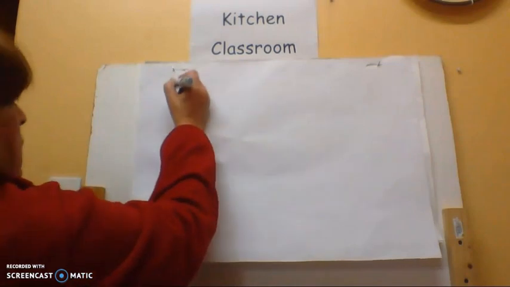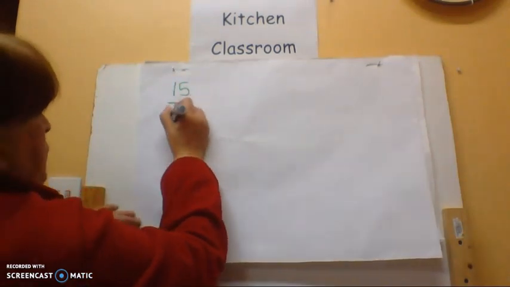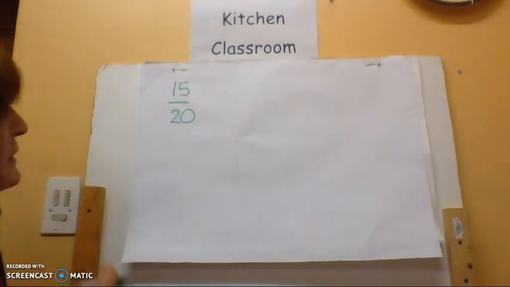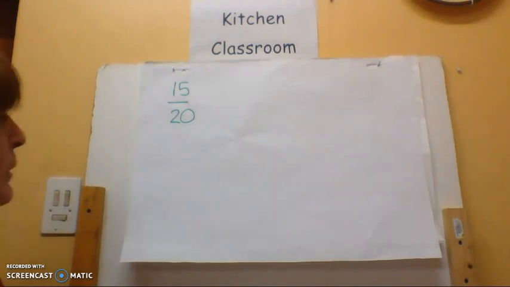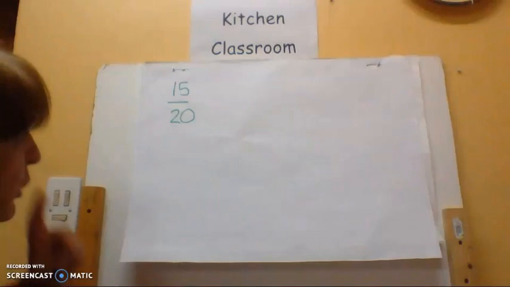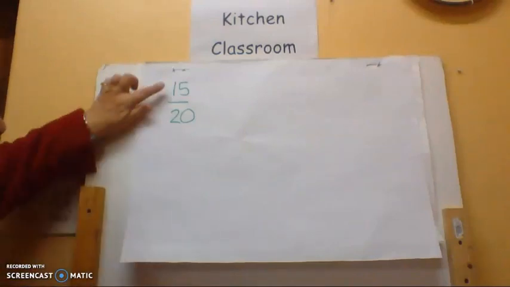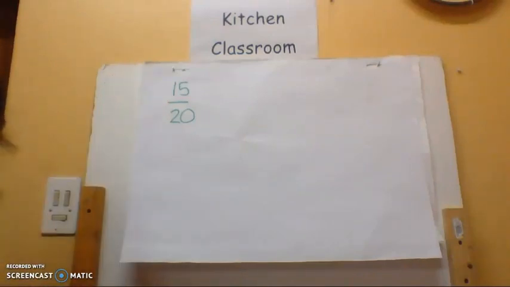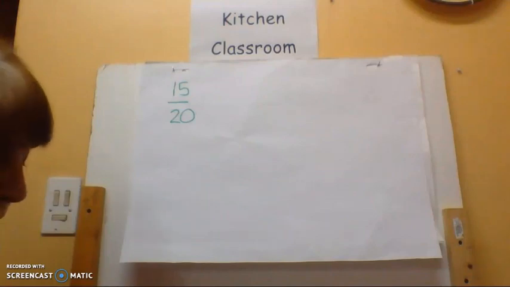Let's look at it. I have got 15/20. We can see that it is not in its simplest form. But if we want to reduce it to its simplest form, let's just look at that fraction carefully. We can see the 15 and the 20 are both multiples of 5.